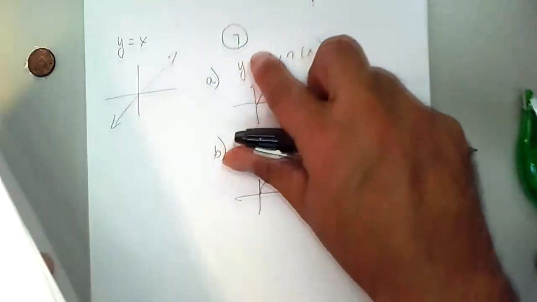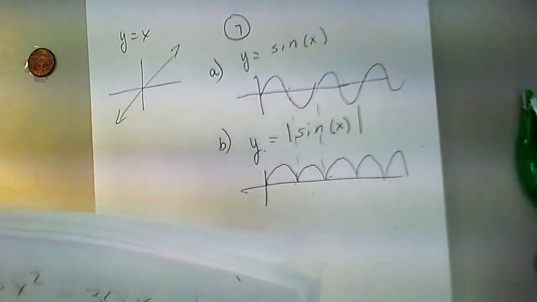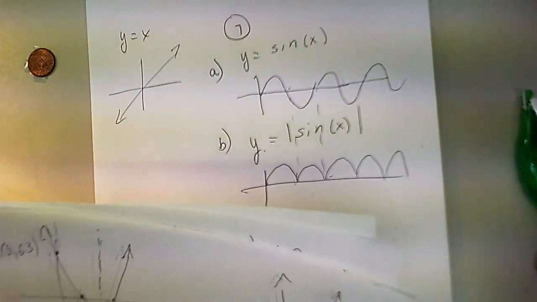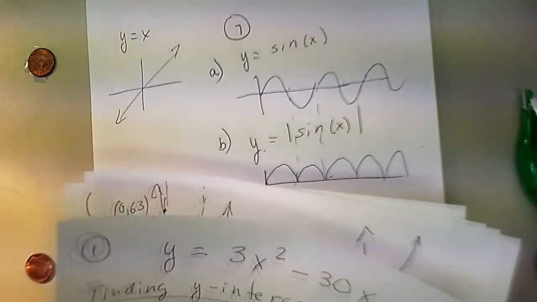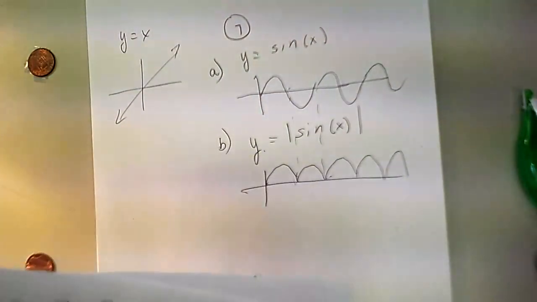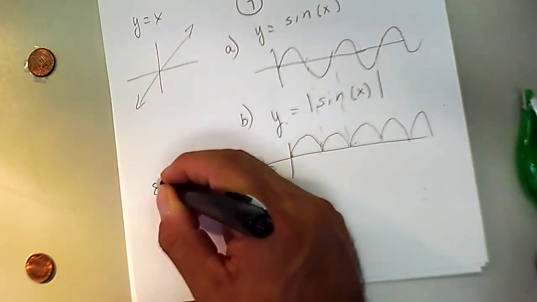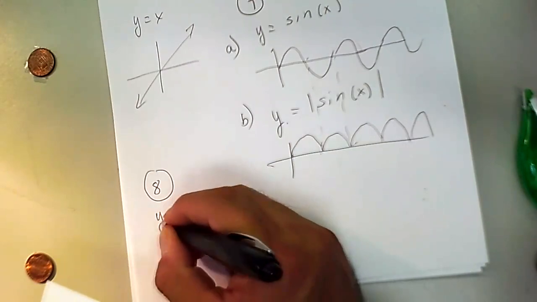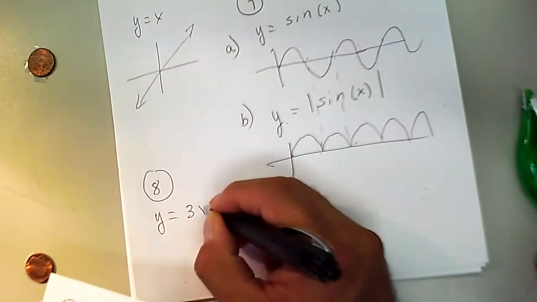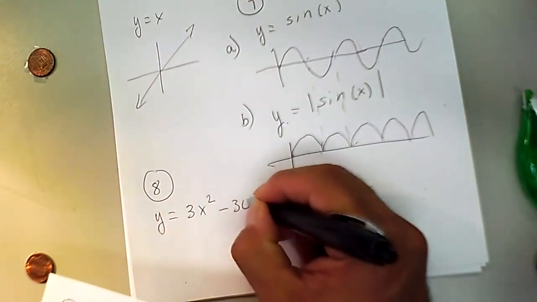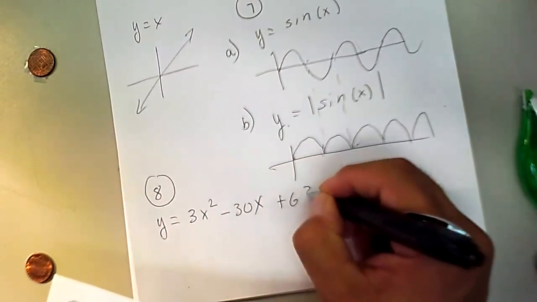Hey, let's do that with a parabola. This can be actually fun. Where's a picture? Okay, back to example 1. So I'm going to make a new example out of this. Example 8. Yeah. If we have y equals 3x squared minus 30x plus 63. Remember this?